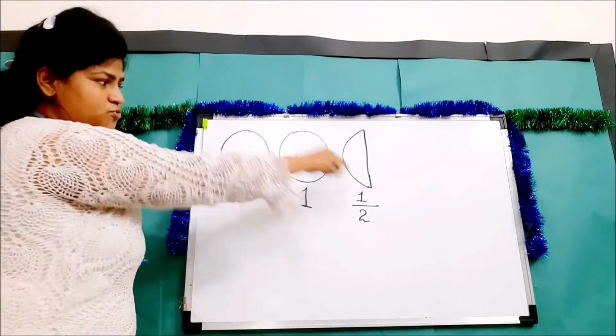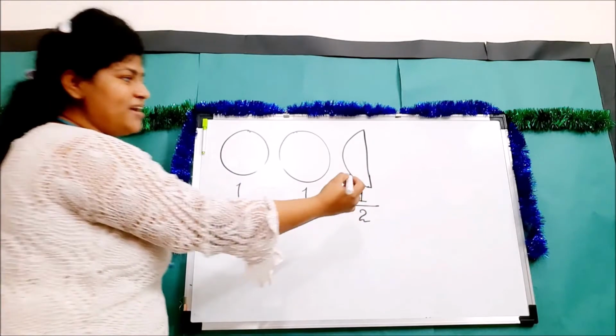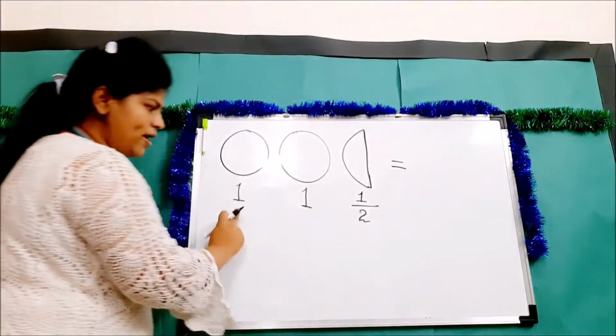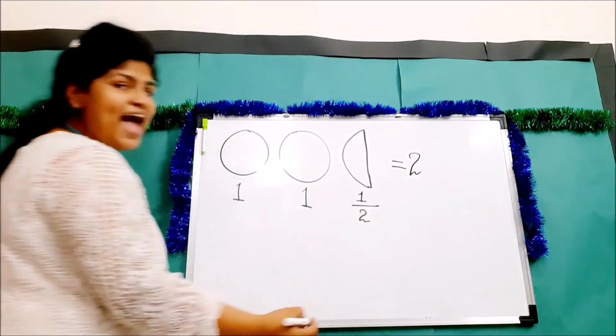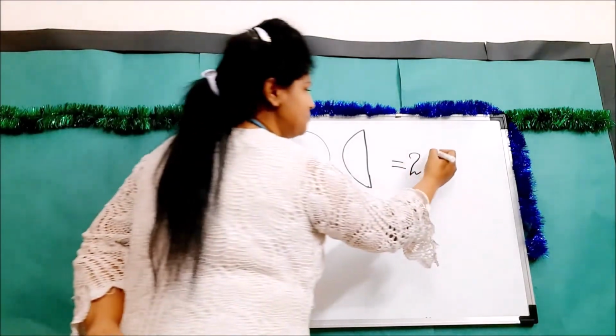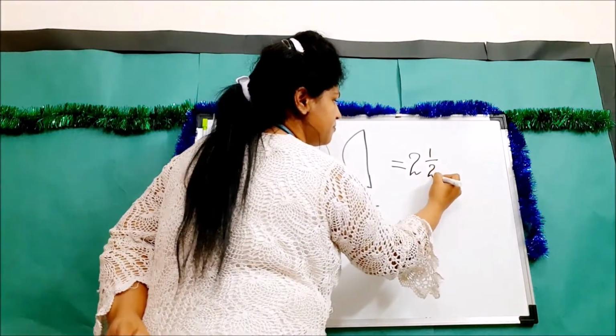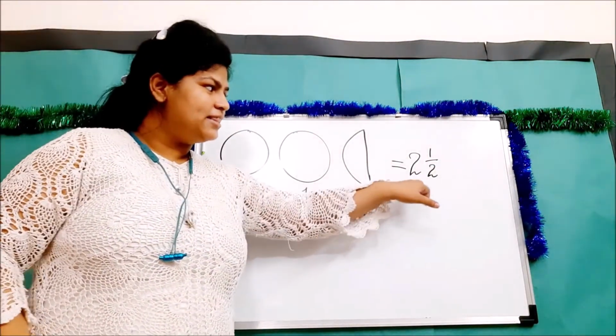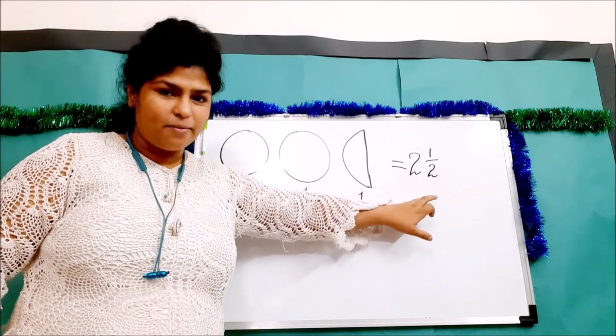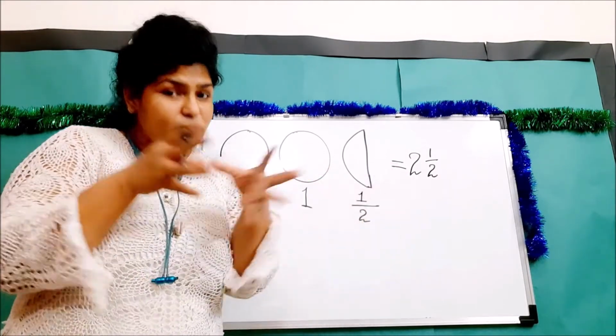So if I have to write this together, what will I write? I'll write it as 1 plus 1 will be what? 2 wholes and a fraction, 1/2. Remember, you cannot add them together. A whole number and a fraction cannot be put together.